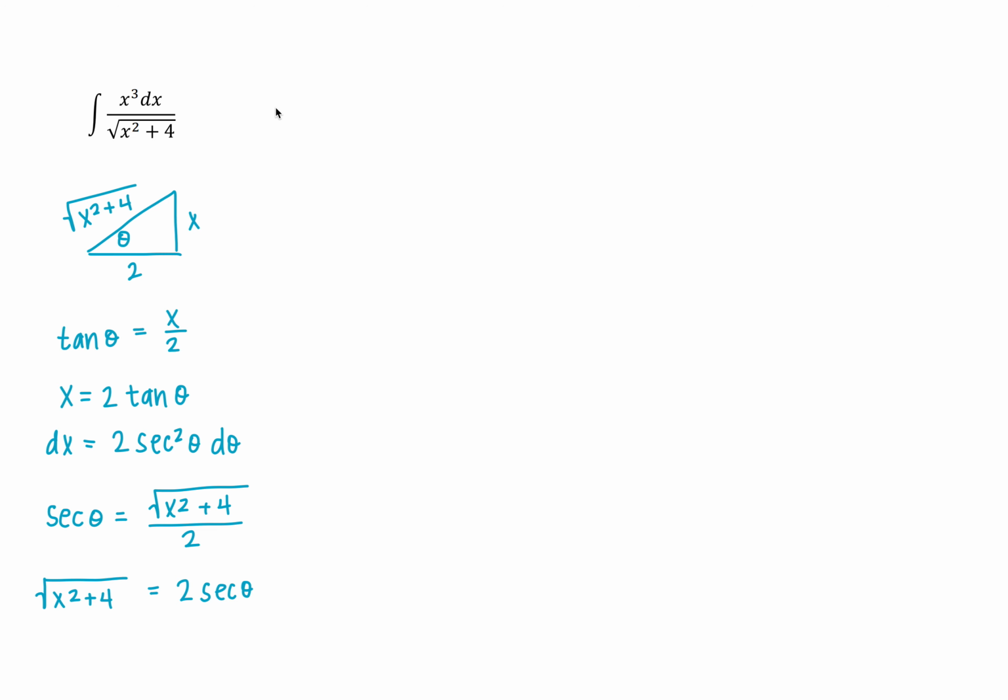So back up here now. We're going to integrate. X cubed is going to be 2 tangent theta cubed. Dx is 2 secant squared theta d theta. All over the square root of x squared plus 4, which is 2 secant theta.